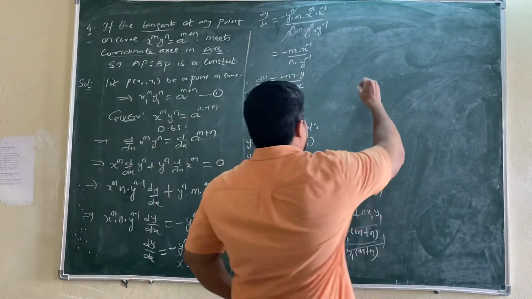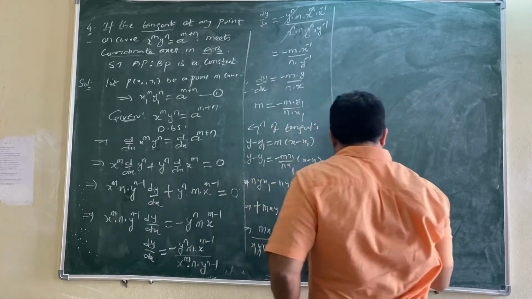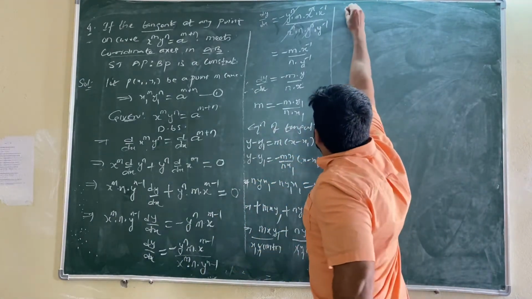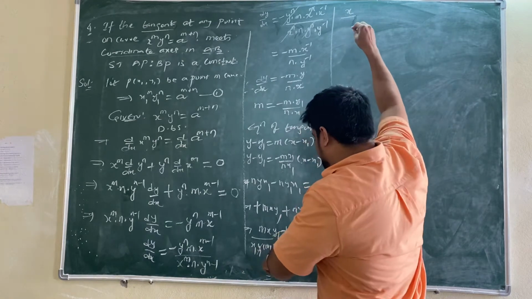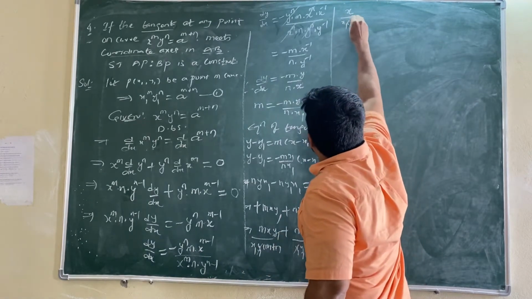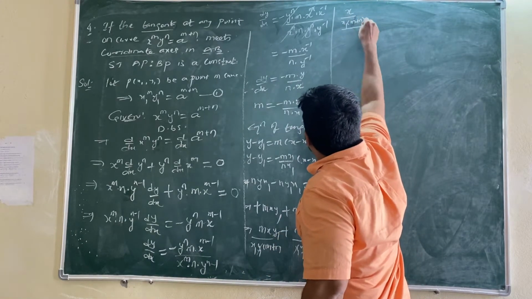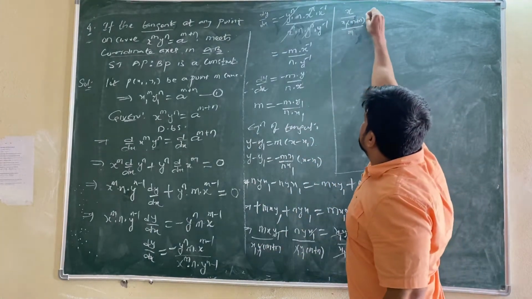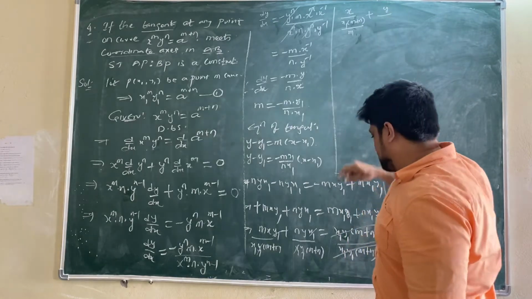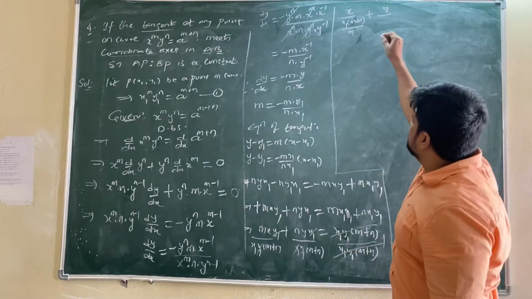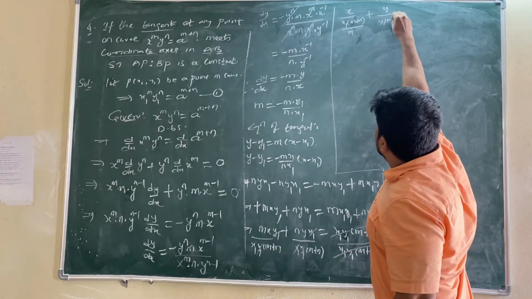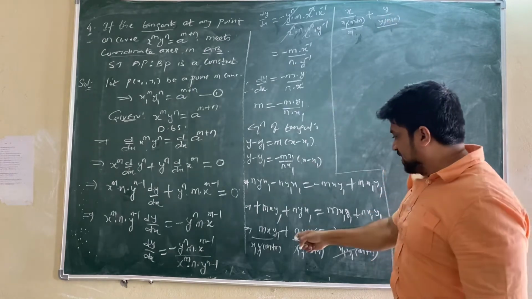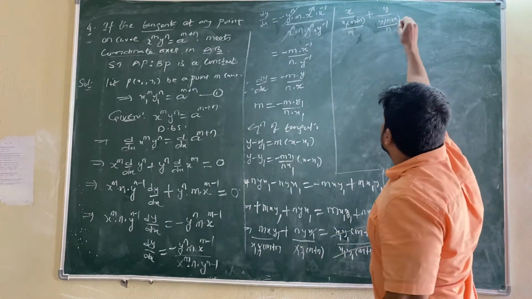Now we need x in the numerator. So we write x divided by whatever is there in the denominator, x1 into (m plus n) divided by the numerator value m, plus y divided by y1 into (m plus n) divided by whatever multiple goes to the denominator, equals 1.